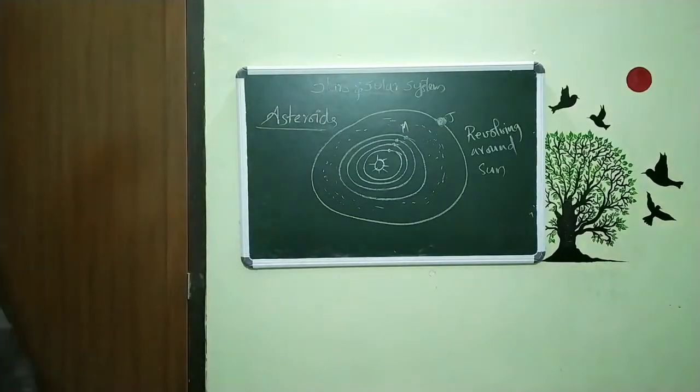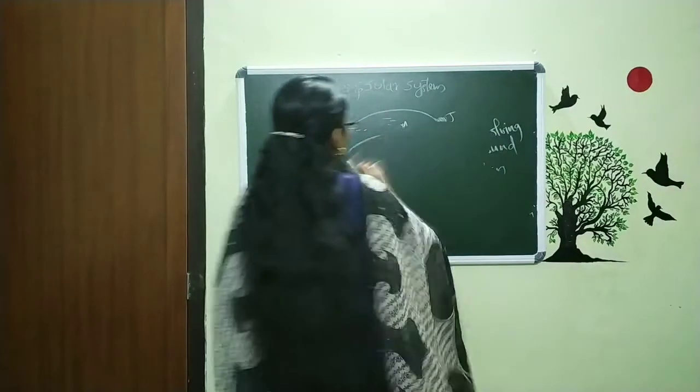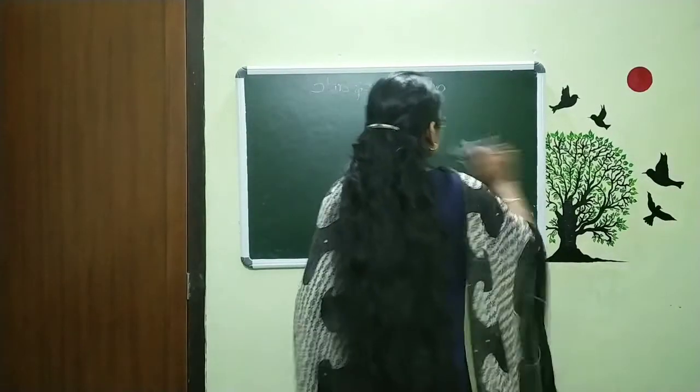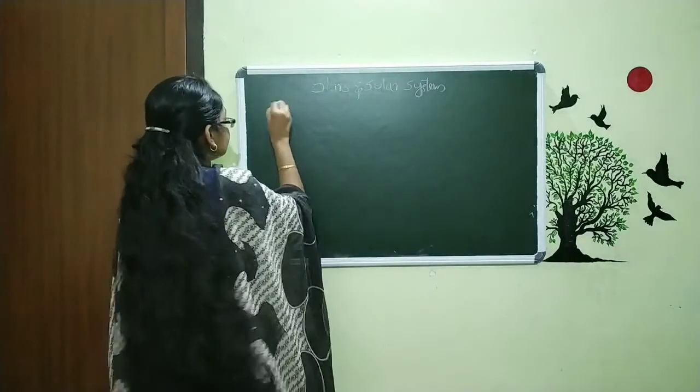Now we are going to the next one, that is comets. What does comet mean? This is also present in our solar system.